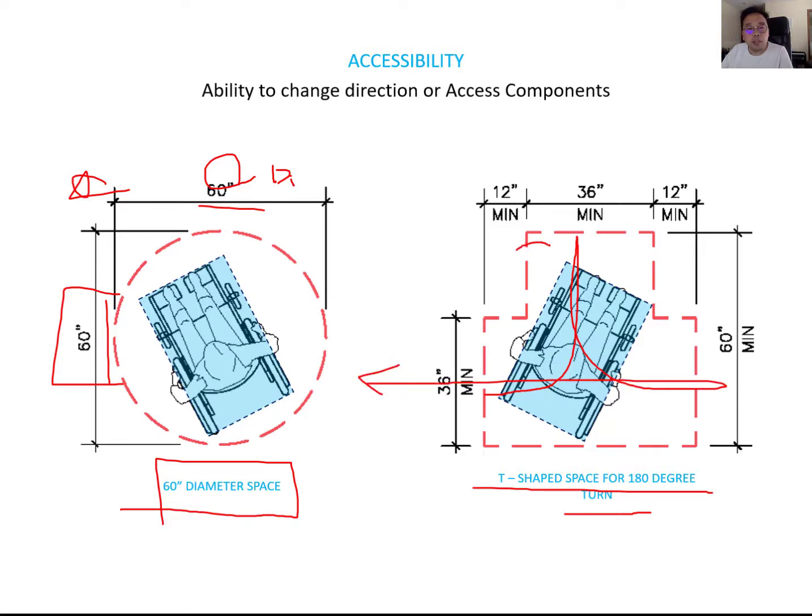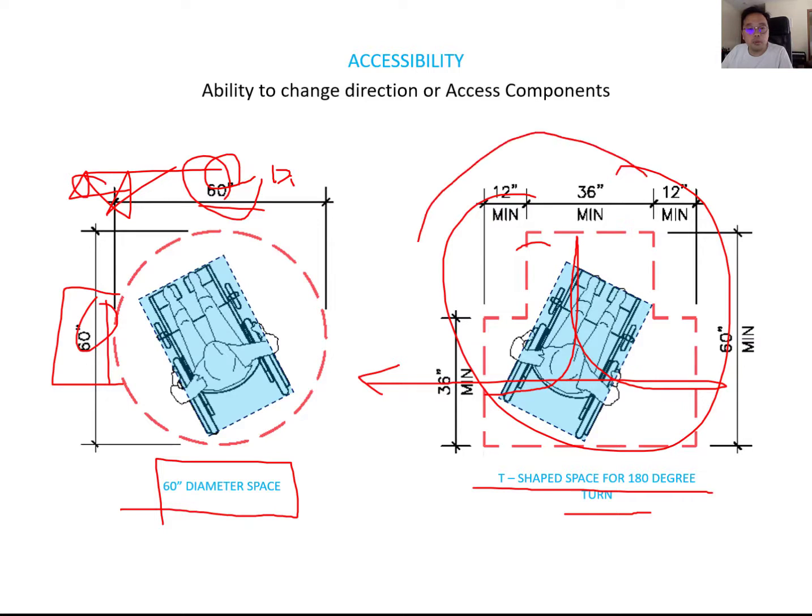You can apply this dimension too, but mostly we apply the 60 inch diameter space for the dead end, so please memorize this 60 inch dimension. But you can also consider this T-shaped dimension when the 60 inch diameter doesn't work. So understand these two dimensions and why we need this clear space for your design.